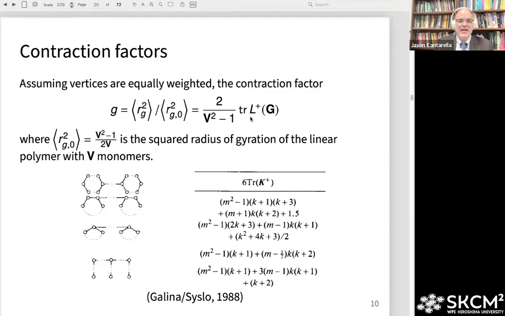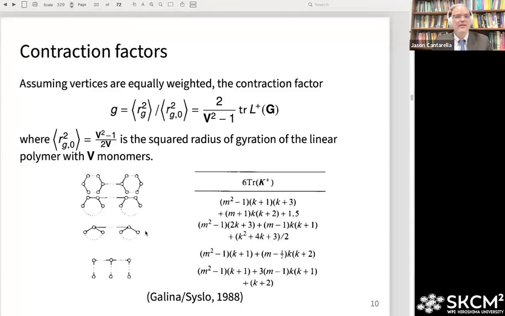And you can see that it immediately became interesting to go out and compute traces of pseudo-inverses for various graph types. So here's a table of different polymer structures with particular calculations of the trace of the pseudo-inverse for them. These are different kinds of repeating polymers. The last one is a comb polymer, which I want to talk about a little more.